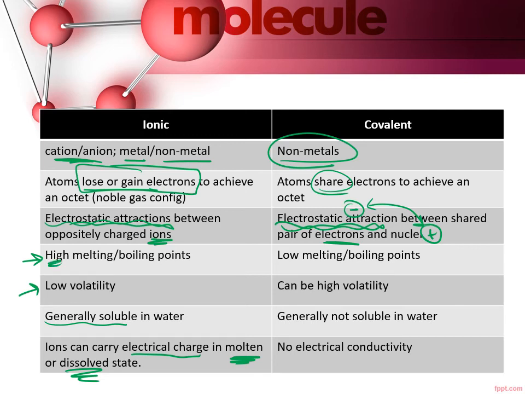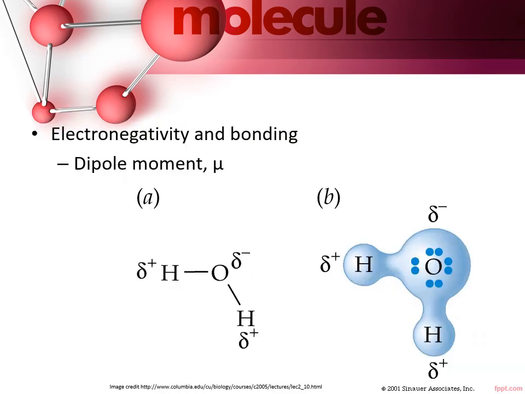Instead of high melting and boiling points, we have low melting and boiling points. Instead of low volatility, these guys can often easily become gaseous form. Most of them are not very soluble in water, and they don't have any electrical conductivity.